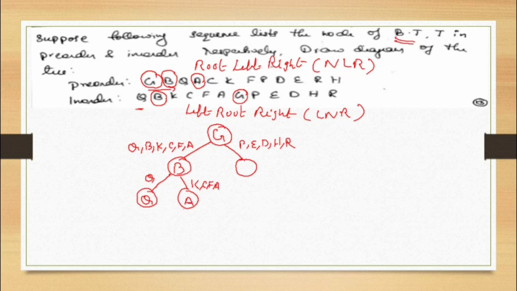A is already written, so you have K, C, F. Now we need to find A in the in-order to see what comes to the left and what comes to the right.